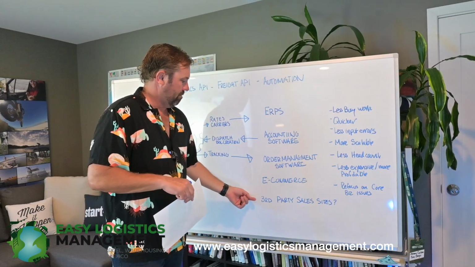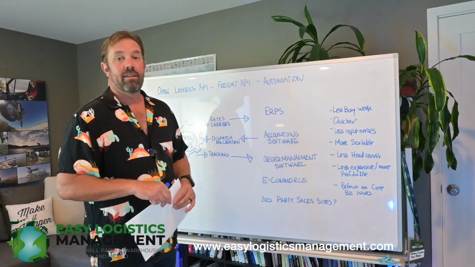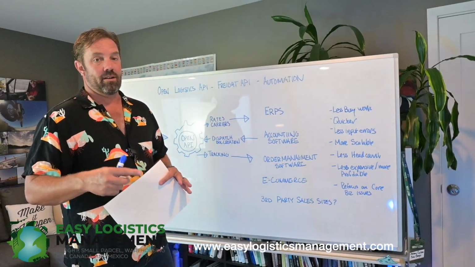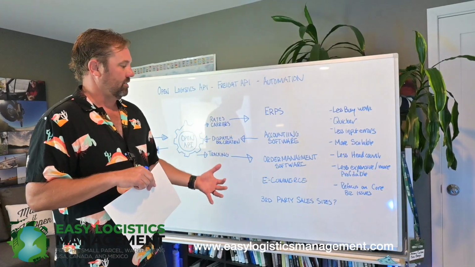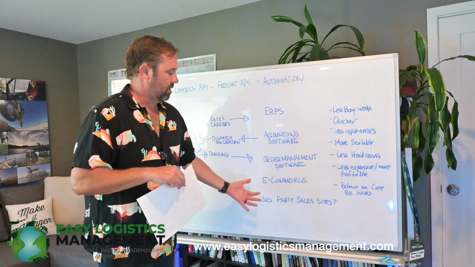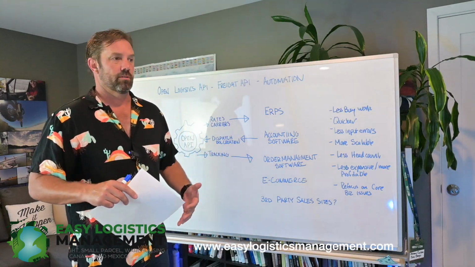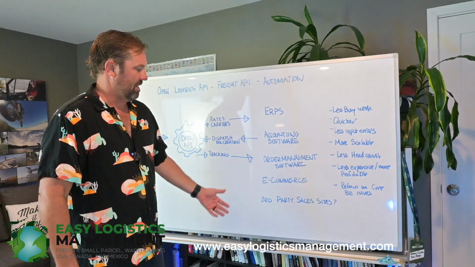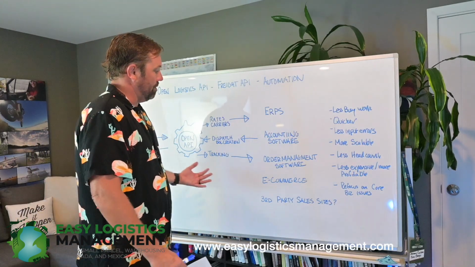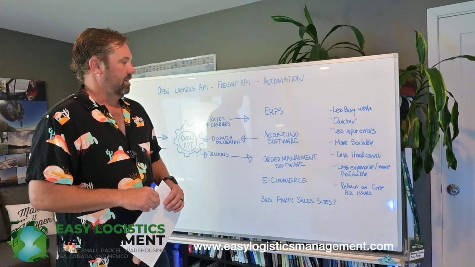And then probably as well, third-party sales sites with the rise of Amazon, Walmart.com, Costco.com. If you're selling and drop shipping onto a third-party sales site to earn your way into their store or just to grow the breadth of your sales via some of these behemoths, we can probably use the API to connect to that as well. So just reach out to us and let us know.